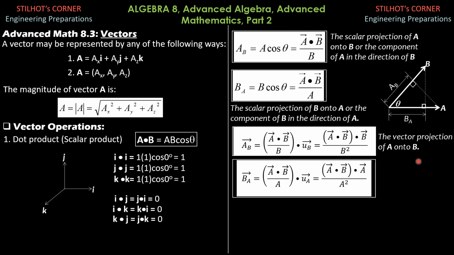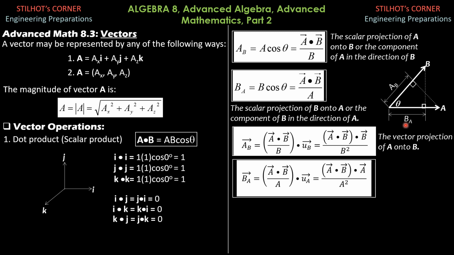And let's have the vector projection of B onto A, which is B sub A. Let's make it a vector. All you have to do is multiply this by the unit vector of A, and it becomes A dot B, closed, times A, all over A squared. You don't need to memorize again. All you have to do is concentrate on this component. From this, of course, you have to know the dot product.